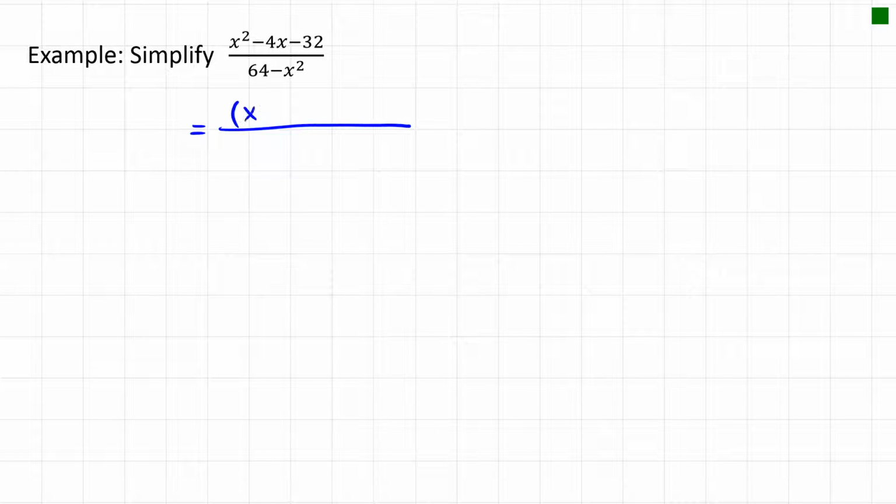Well, that would be x minus 8 times x plus 4. Negative 8 times 4, negative 32, and they both add to negative 4. In the denominator, we have a difference of squares, which is 8 minus x times 8 plus x.